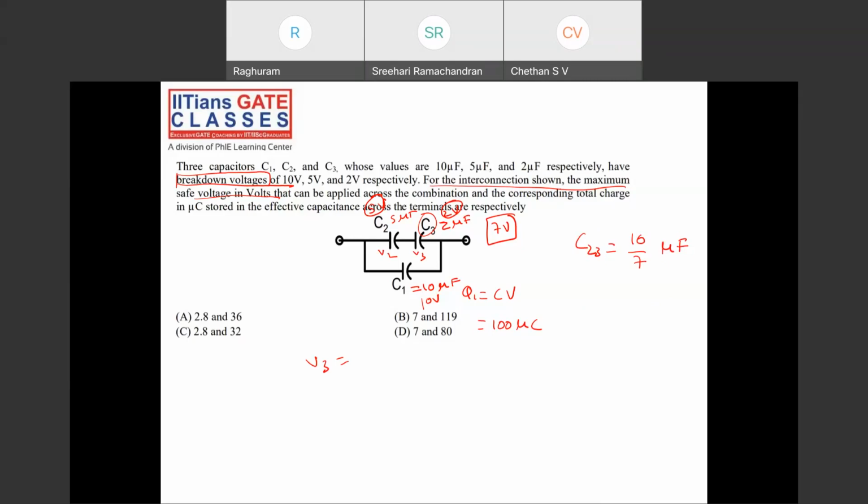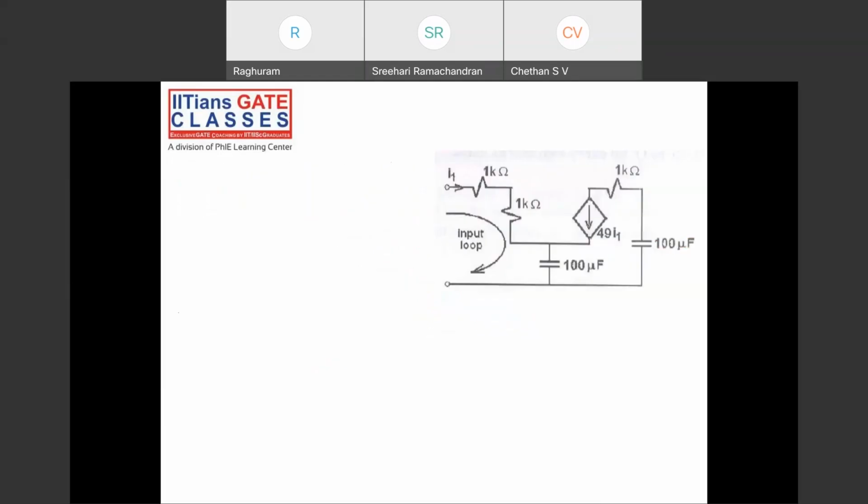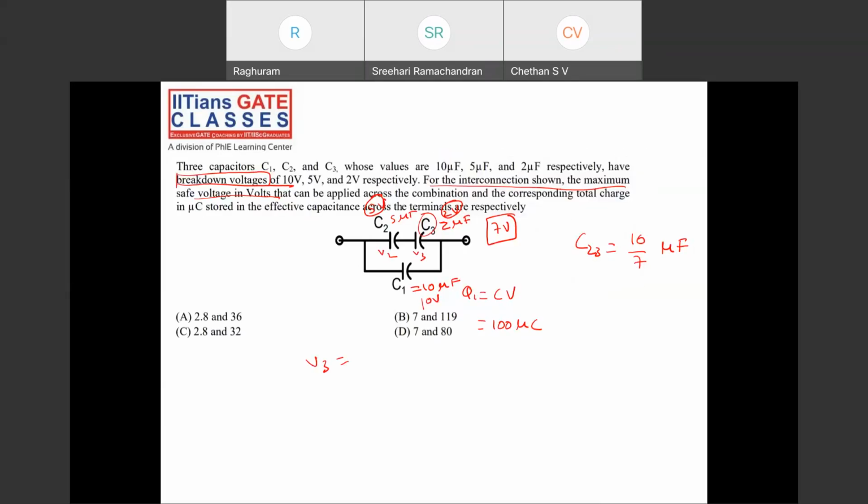So Q equal to C into V. The maximum voltage that I can apply is 7 because C3 may break down, right? So we will get 80 if that is the case. C23 is this much. So tell me what is Q23?